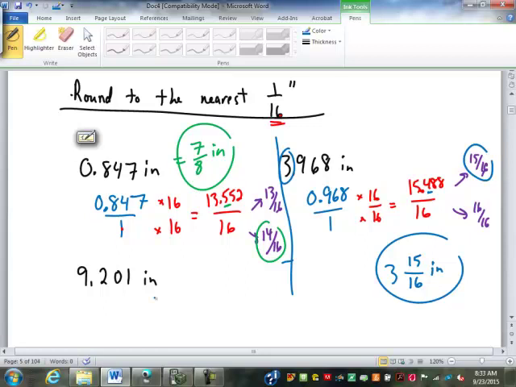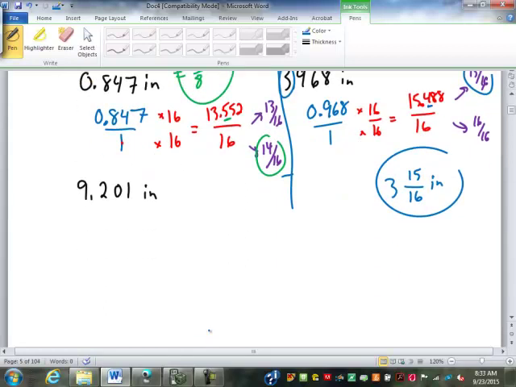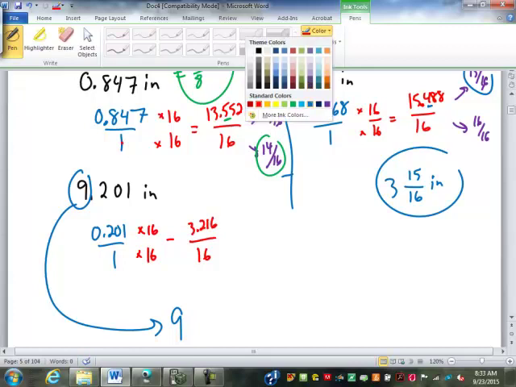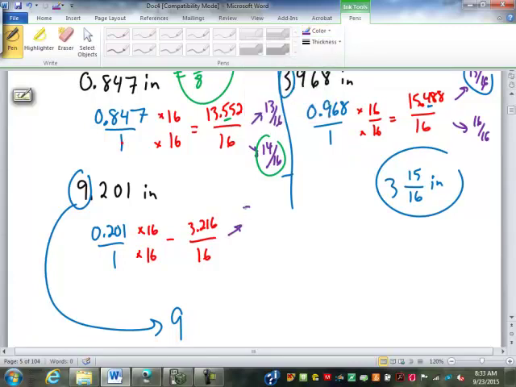Over here, you guys talk me through this one. Pull off the 9, then what? 0.201 over 1, and then times 16 on 16, so 3.216, and then it's between 3/16 and 4/16.